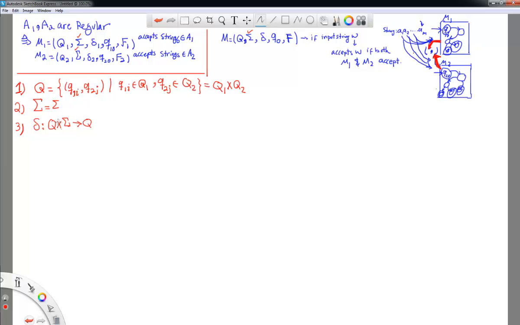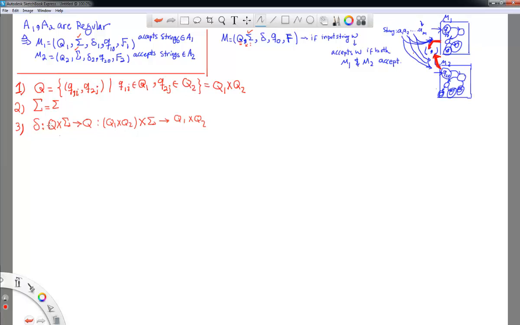I'm just rewriting the definition of the domain and range of my automaton, which is Q cross sigma over to Q. Now what is Q? Q is Q sub 1 cross Q sub 2, cross sigma, over to Q sub 1 cross Q sub 2.